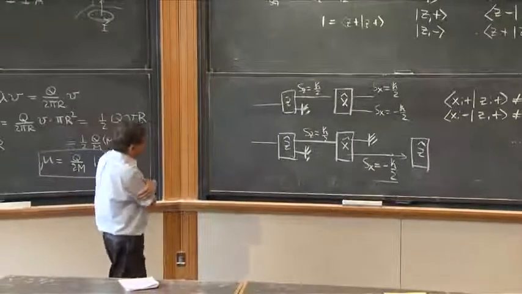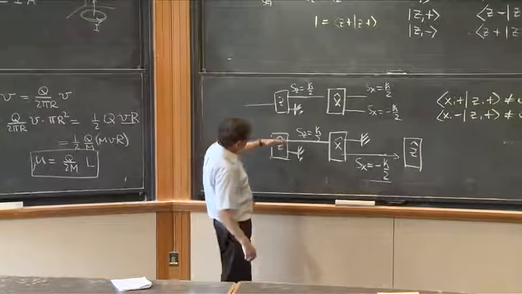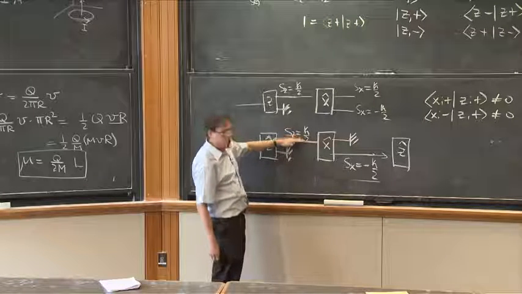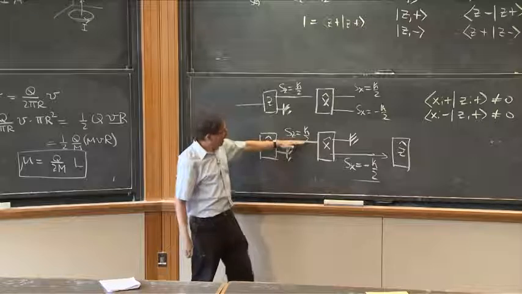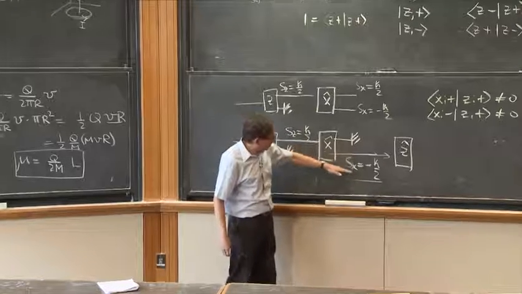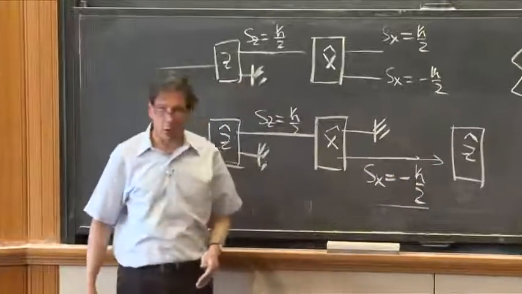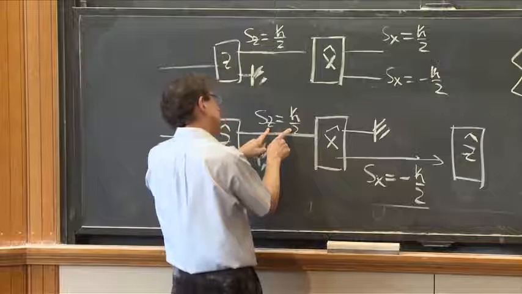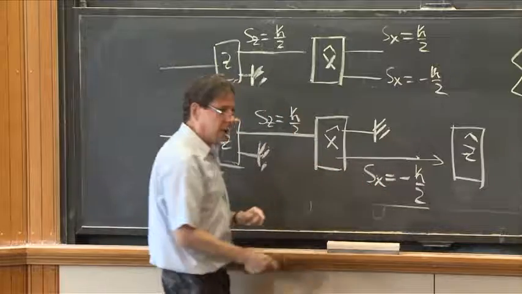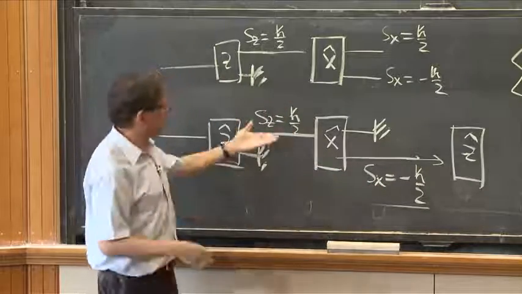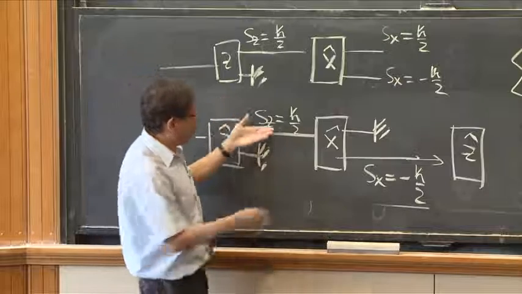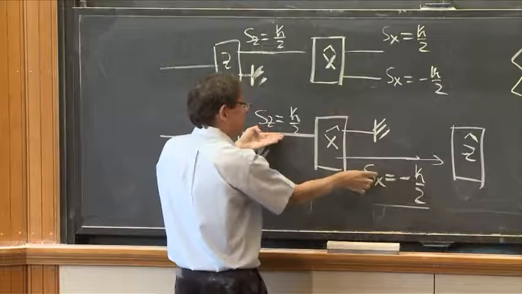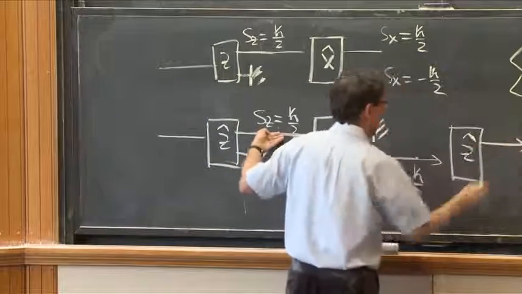Here they could say, look, I filtered this thing, and now all these electrons have Sz equal ħ/2. And now all these electrons have Sx equal minus ħ/2. Maybe, actually, all these electrons have both Sz equal ħ/2 and that, because I filtered it twice, so it maybe satisfies both. So if all these electrons would have Sz equal ħ/2 and this, then you would only get something from the top one.